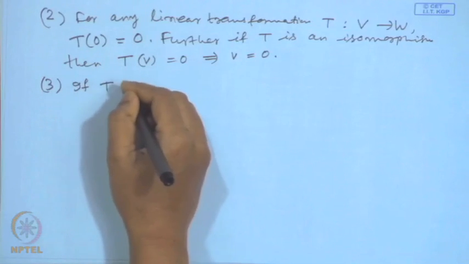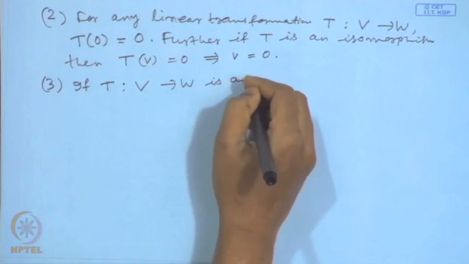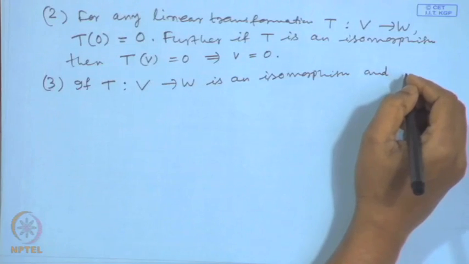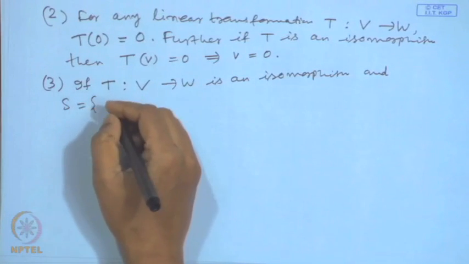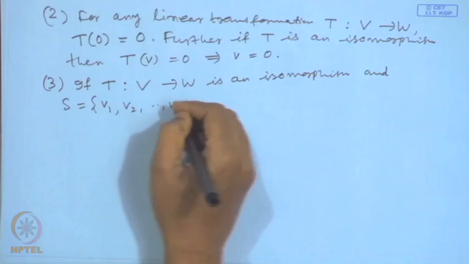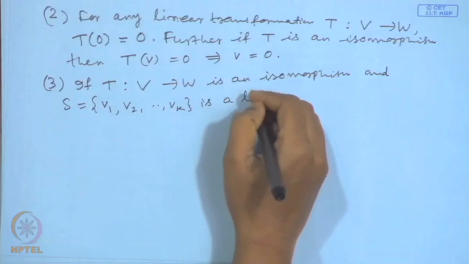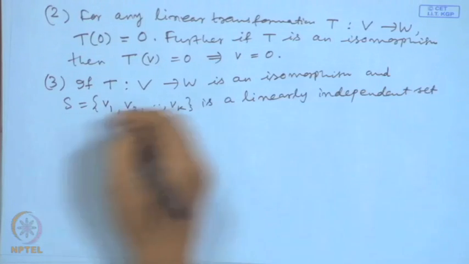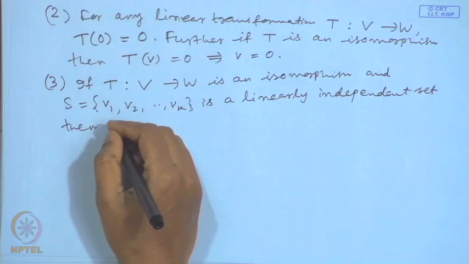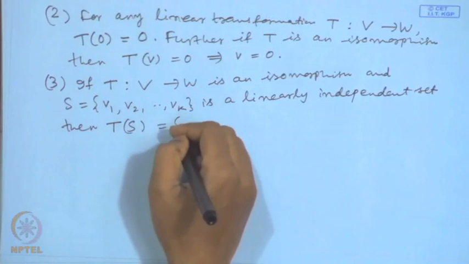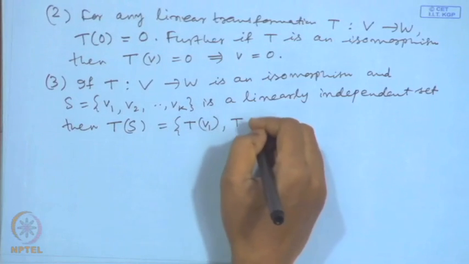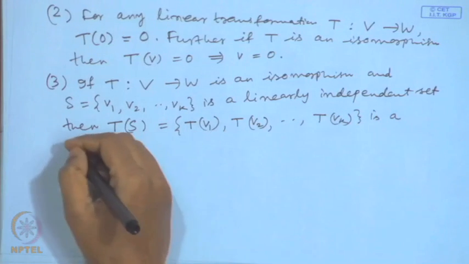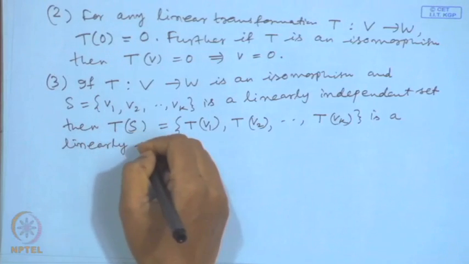That is, if T from V to W is an isomorphism and S consists of vectors v1, v2 to vk, a linearly independent set, then the image of S, T(S), that is T of v1, T of v2, T of vk, is a linearly independent set.